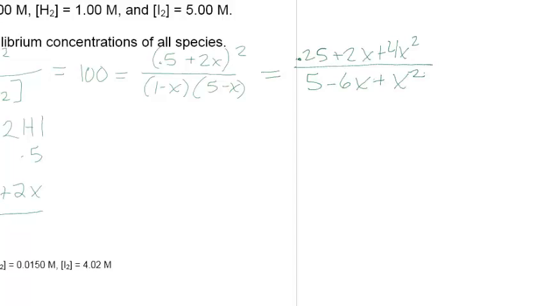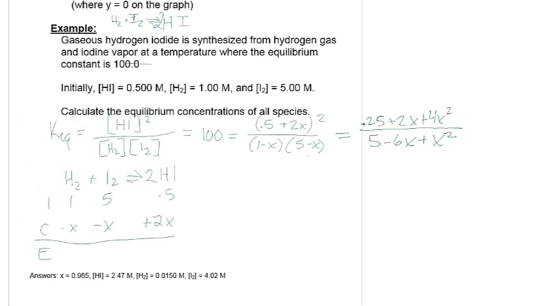Then just like in the quadratic method, you're going to rearrange those equations so that you can tell exactly what is equal to 0. So this all equals 100. So what you'll do is multiply 100 by your denominator. So that will be 500 minus 600x plus 100x squared equals your numerator, 0.25 plus 2x plus 4x squared.